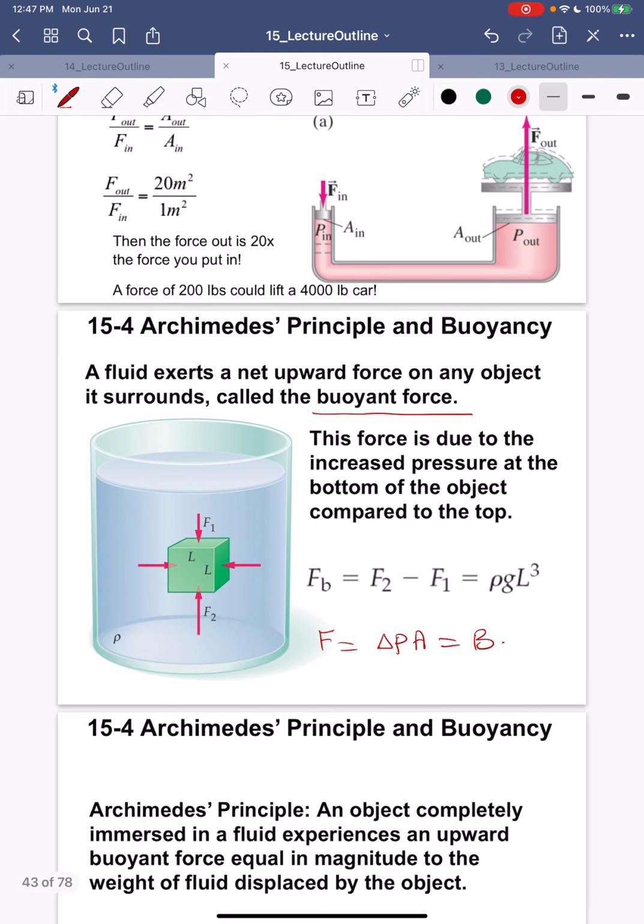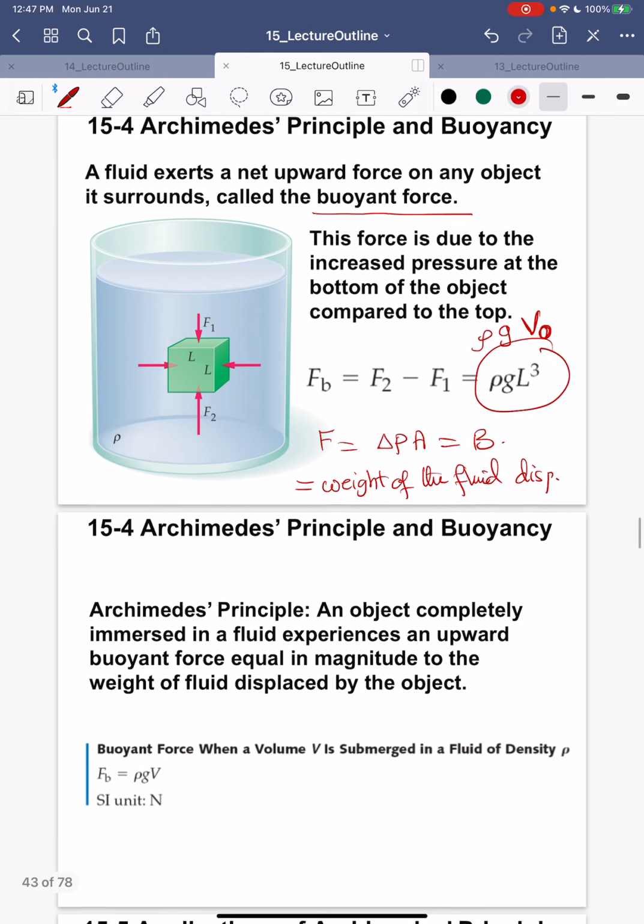That buoyancy has to do with the weight of the fluid displaced, which, if I have a cube, is rho times g times L cubed, but in general I will say this is rho times g times the volume of the object. This is not V0. This is the volume of the object.